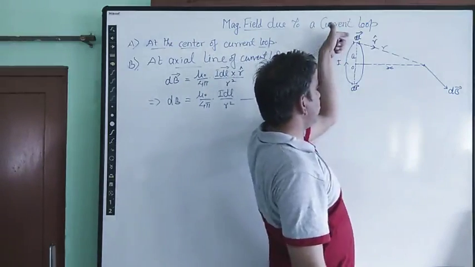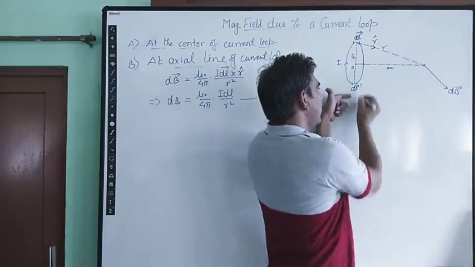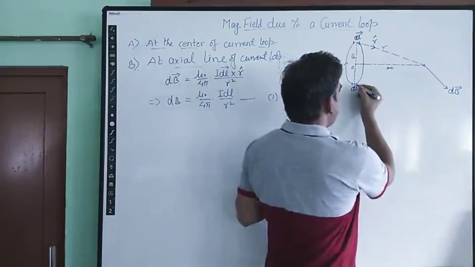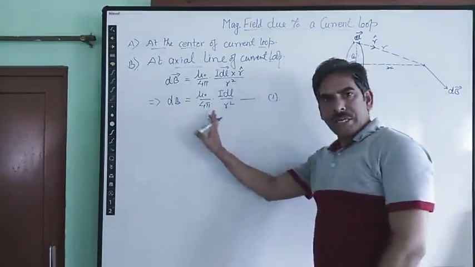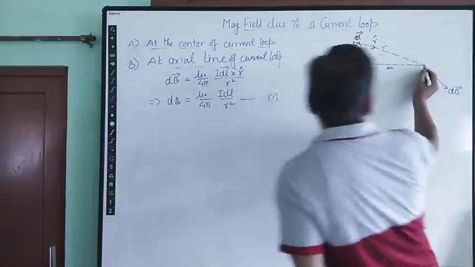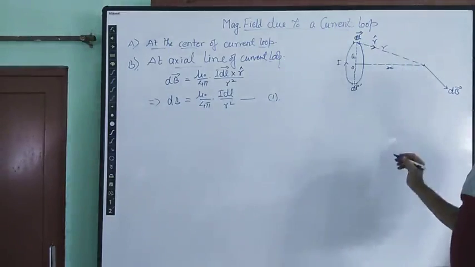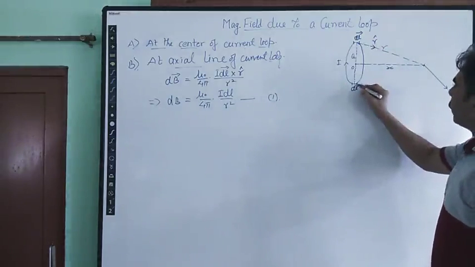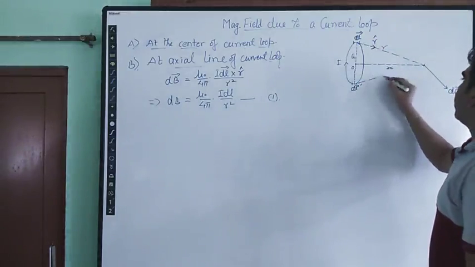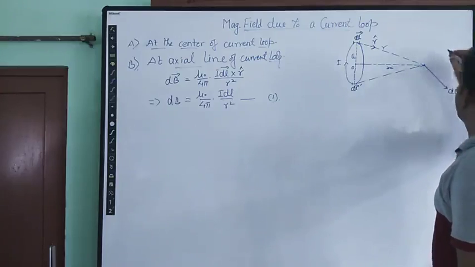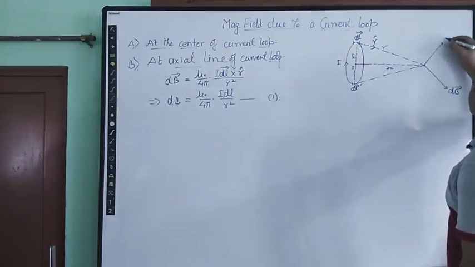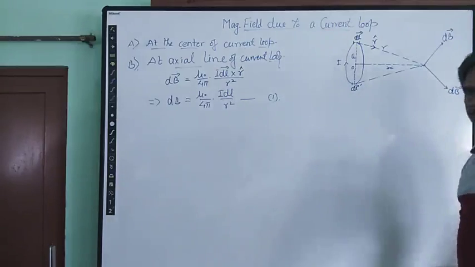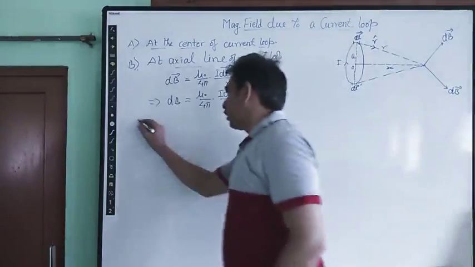The magnetic field due to the first element is equal to the magnetic field due to the second element, which we can write as dl dash. The magnetic field due to the second element will also be of the same magnitude, because point P is symmetric to both elements, and both carry the same current and are of the same length. So the magnetic field due to this element at point P will also be the same in terms of magnitude.